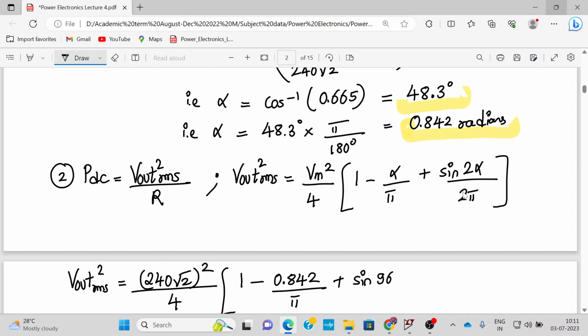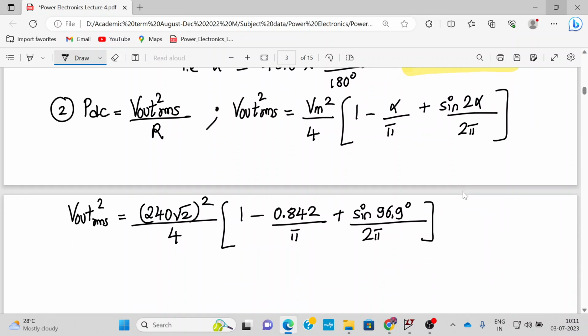So sine of 96.6 degrees divided by 2 pi. All right. So sine of 96.6 will be around 0.9934. Okay, 0.9934 divided by 2 pi, and pi over here is 3.14. So this will be around 6.28.